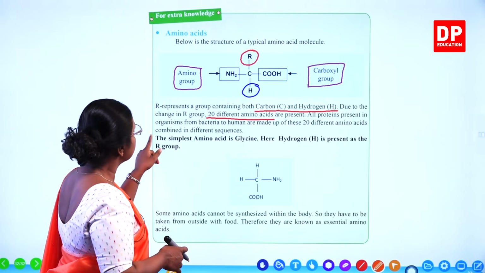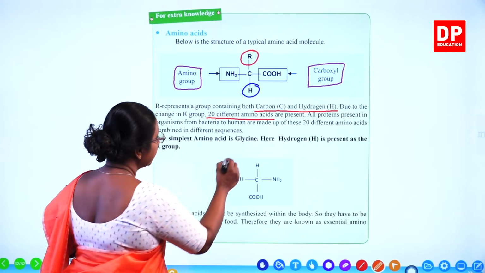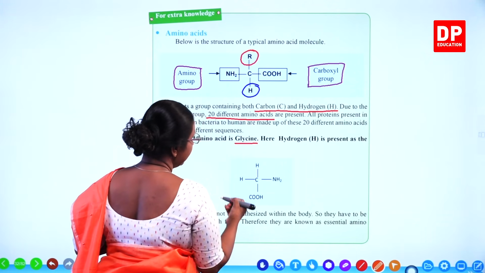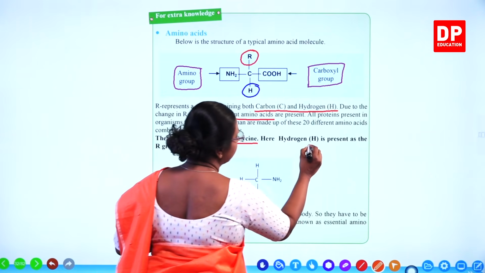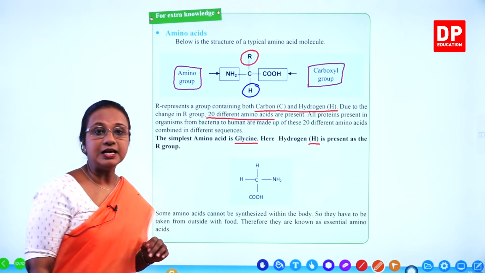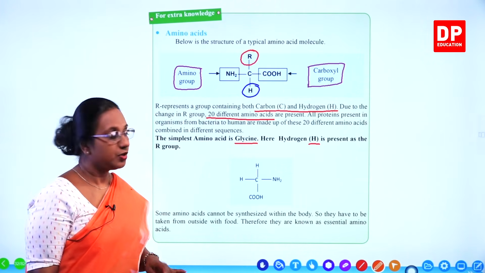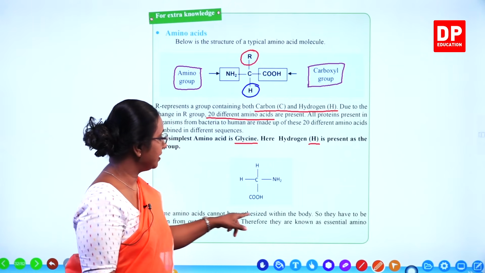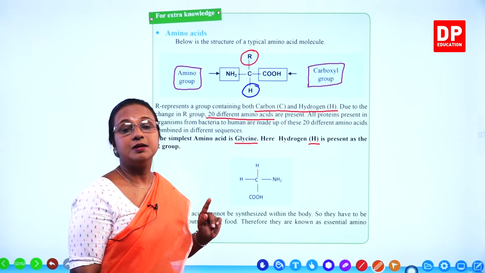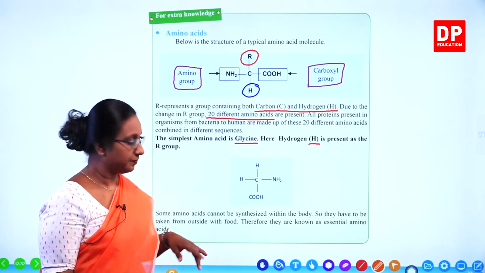The simplest amino acid is called glycine, and the R group in glycine is a hydrogen atom.